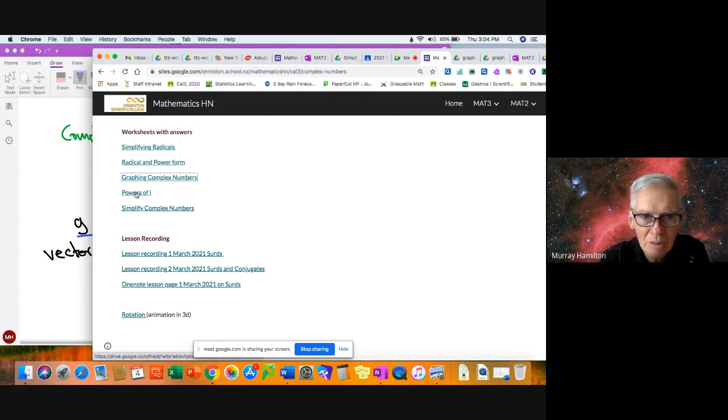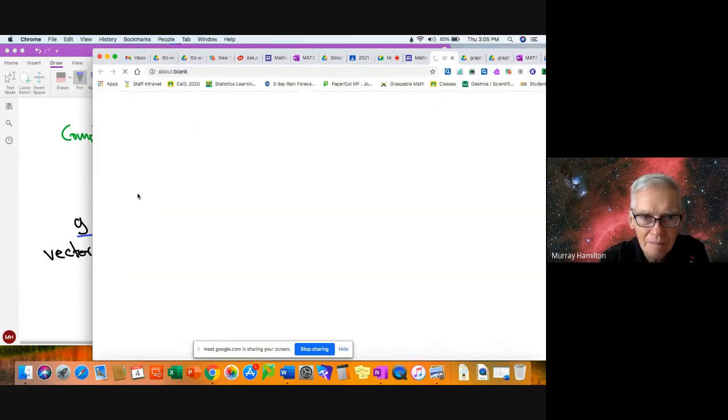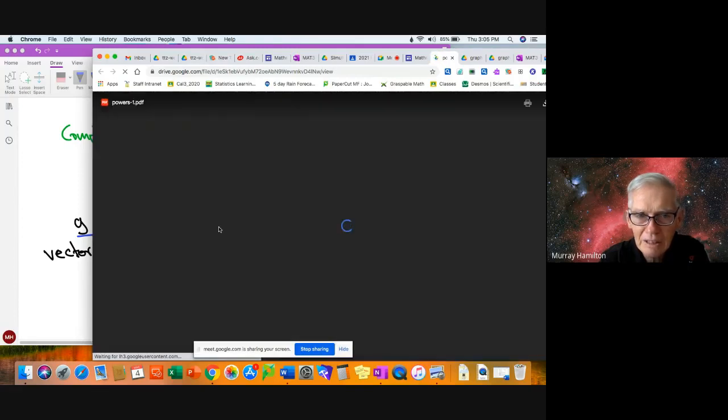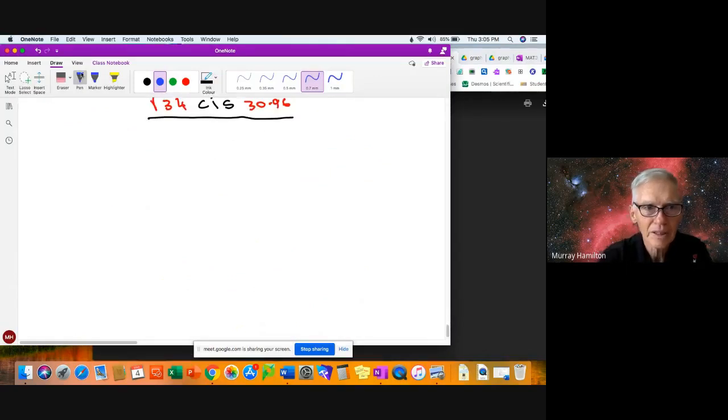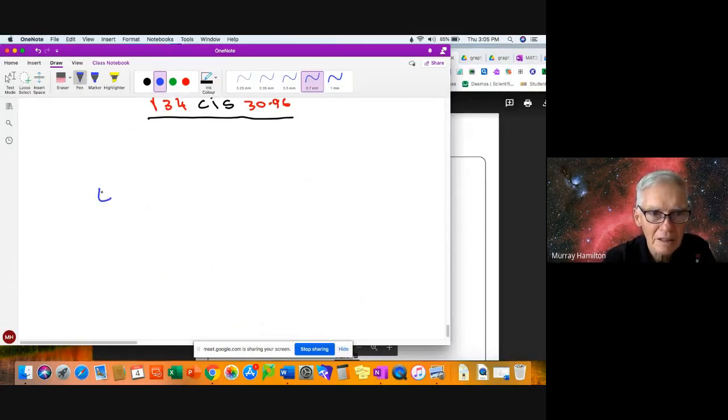I want to do the powers of i now, because the powers of i are something we need to understand. So if we have i representing the square root of negative 1, I'm just going to say that's by definition now. We haven't proved it yet. We haven't shown that there is a number.